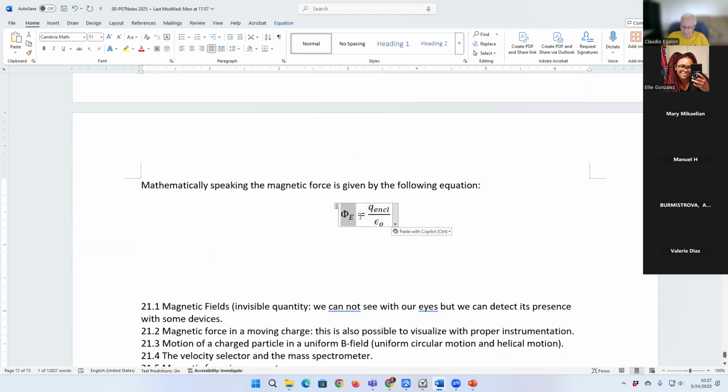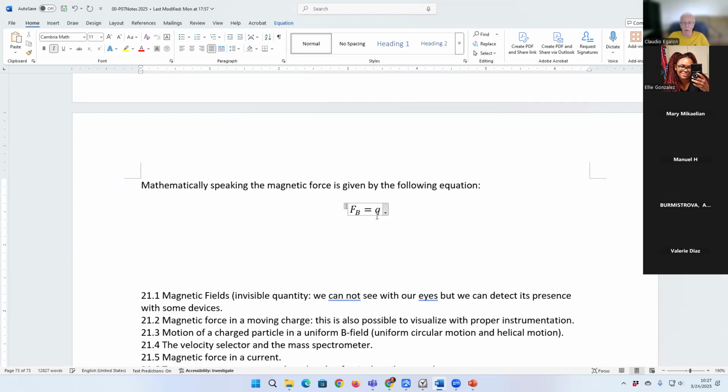Magnetic force equals Q V B sine of theta. Okay? Where theta is the angle between the velocity and magnetic field vectors.